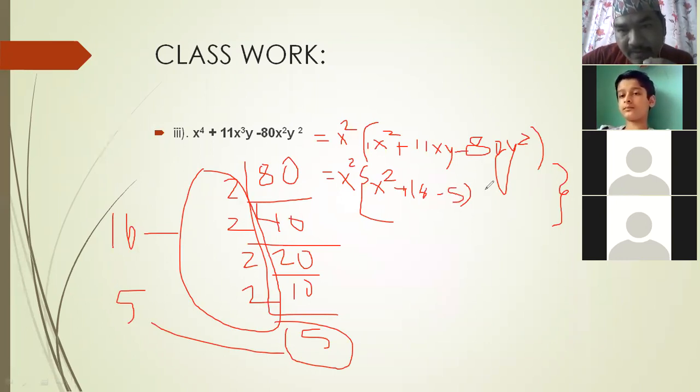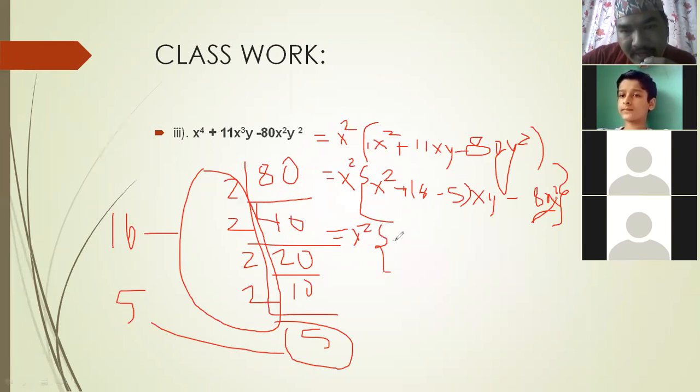16 minus 5, xy minus, what is there? 80y square. Okay, children, this is y square. Now can you remove the bracket and take common? Everybody please do it.